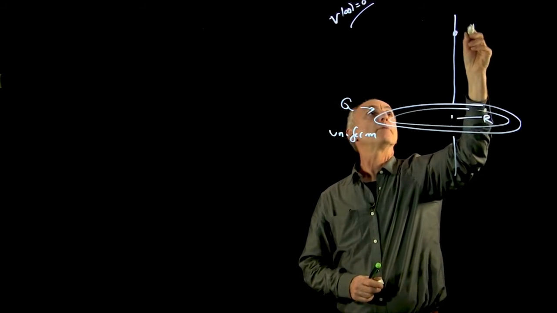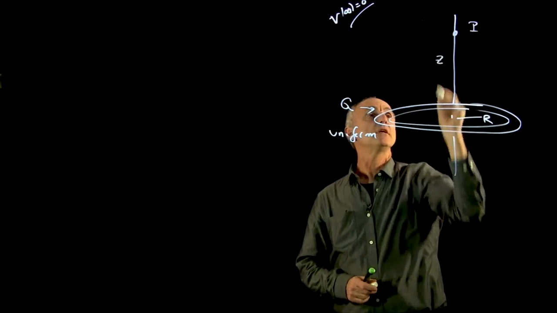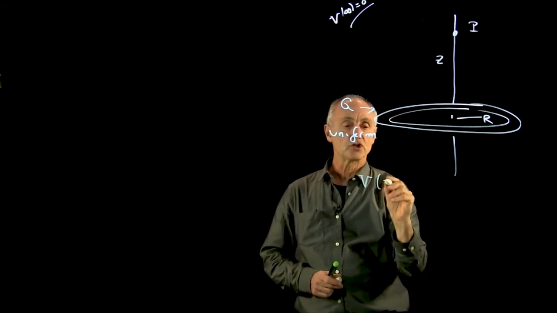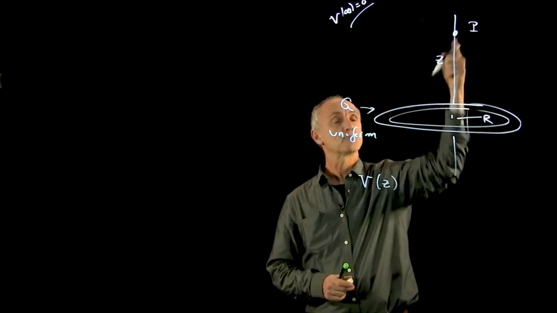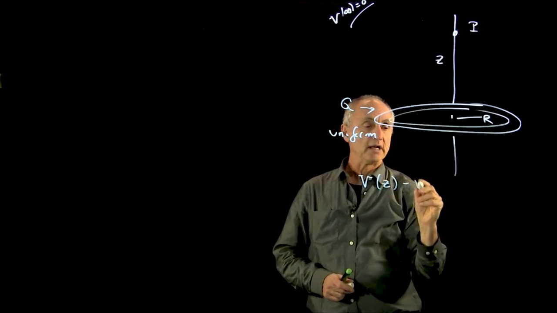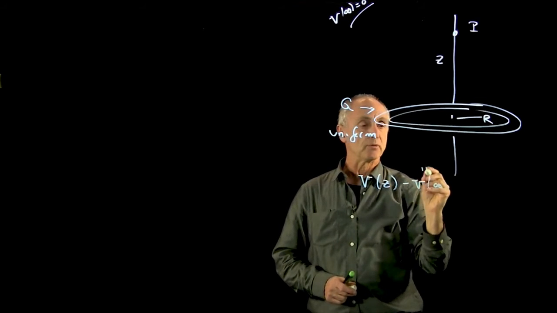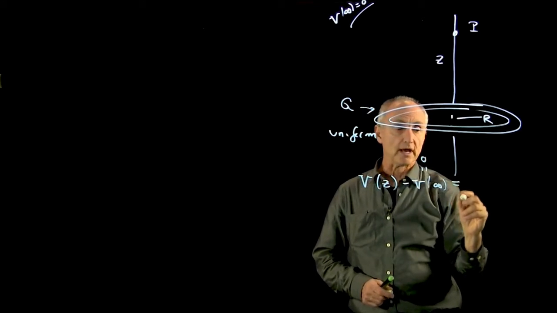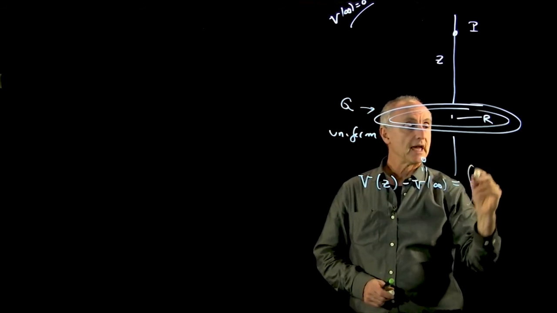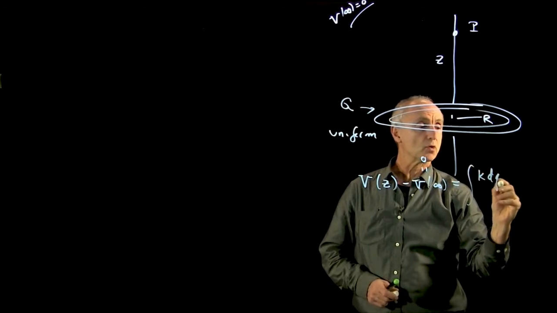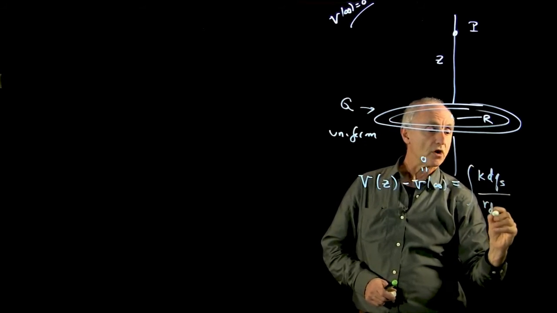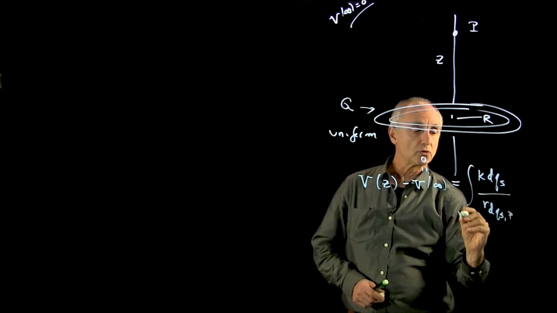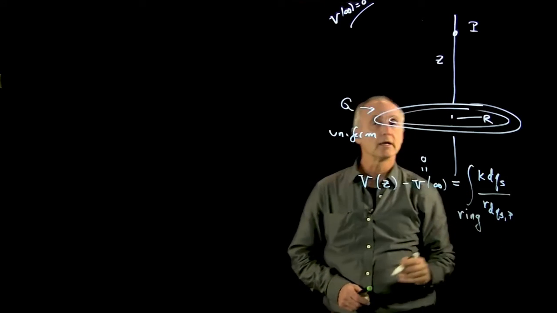And let's consider a point P that's a height z above the ring. And what we're after is the potential function at the point z. This is what we call the field point, minus infinity. That's the potential difference. But remember, we've chosen that to be 0. And that's our integral now over k dq source over the distance r from dq source to P. And this is an integral over the ring.